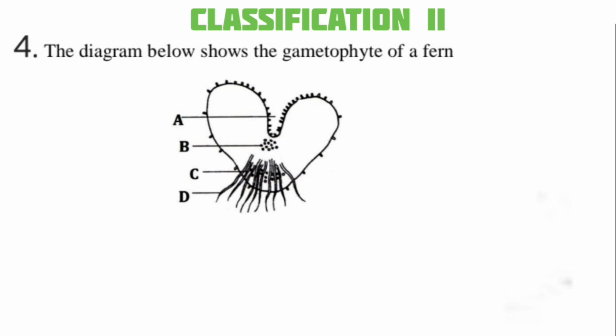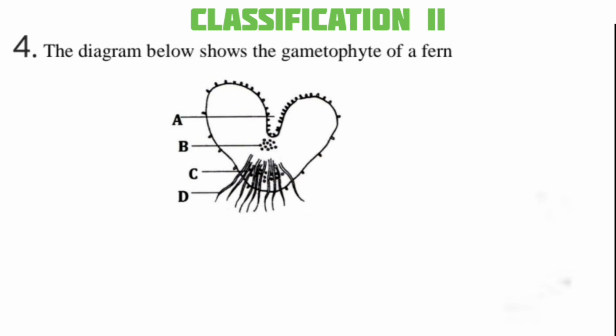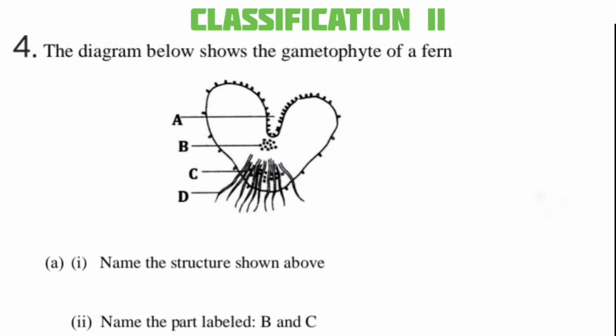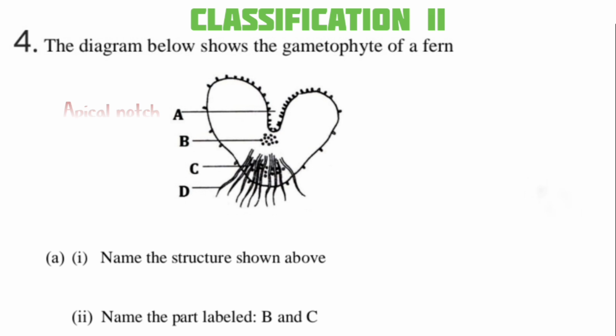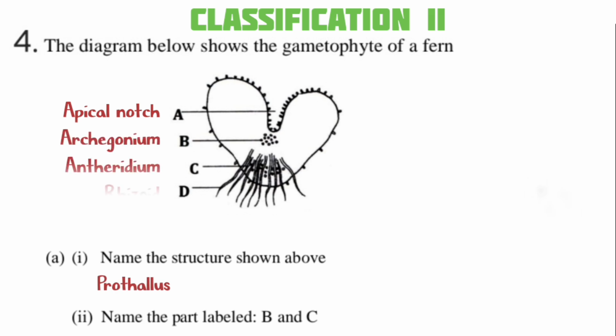So, let us start first of all with the labeling, and then we are going to come back to these reproductive organs. Part A is known as the apical notch. This region contains meristematic cells. These are cells that are going to actively divide. They're going to divide very quickly, leading to the growth of the prothallus itself.